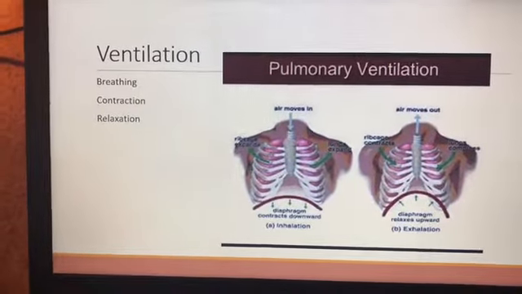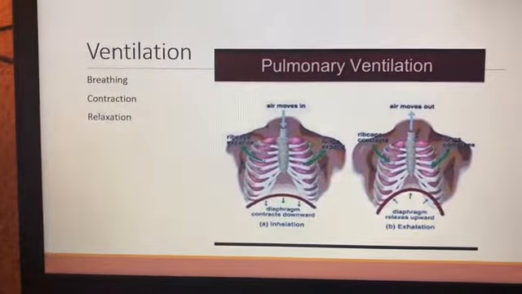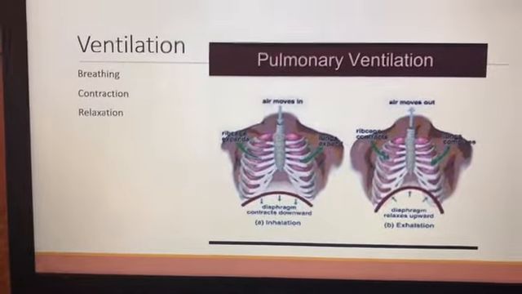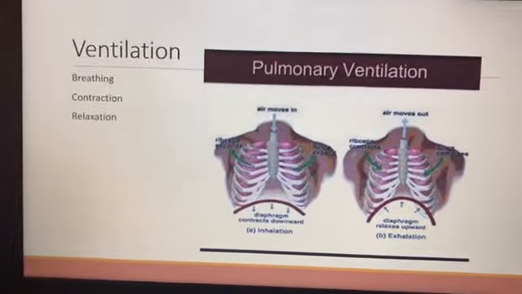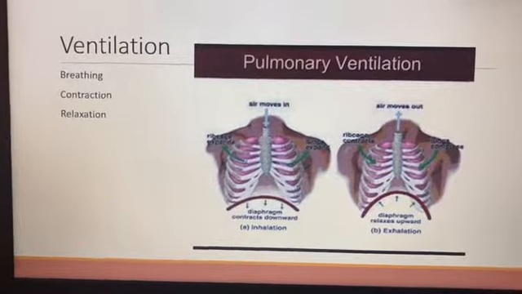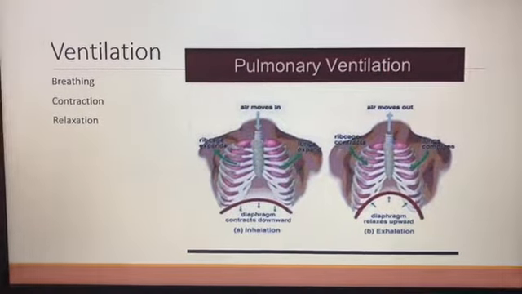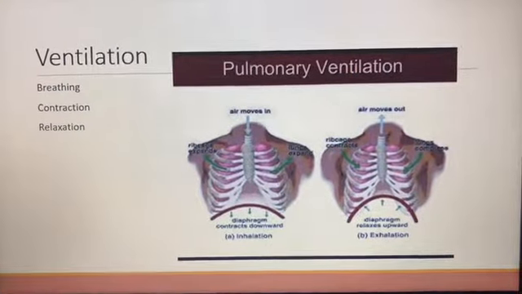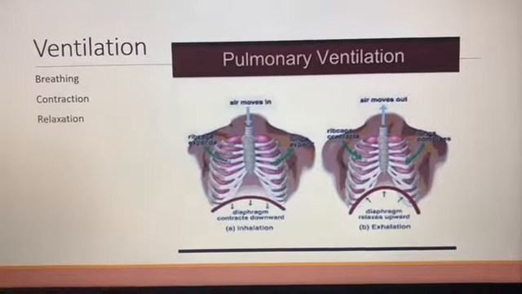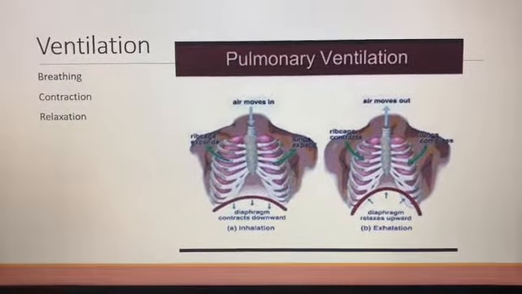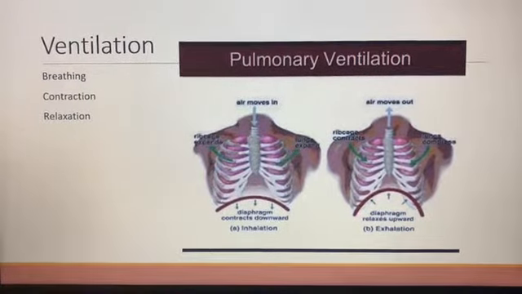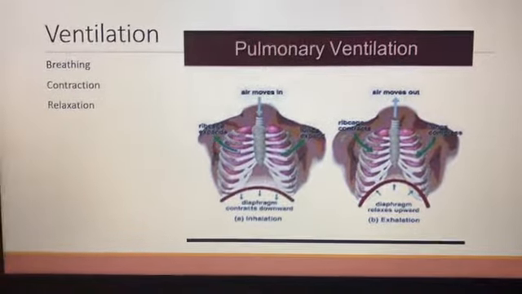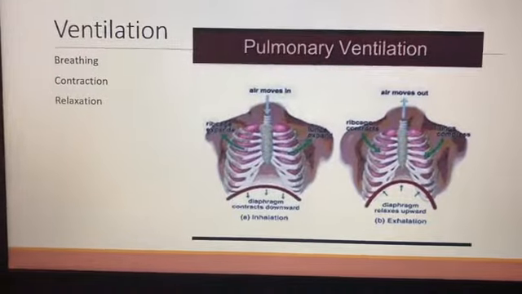So then how it relates to pulmonary ventilation. Ventilation is also known as breathing, and it deals with the contraction and relaxation of the muscles around the lungs, essentially.